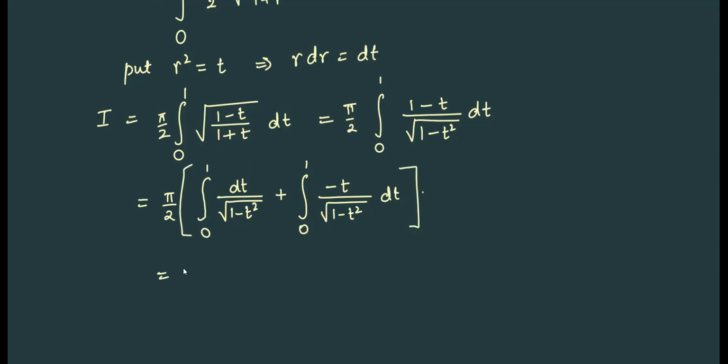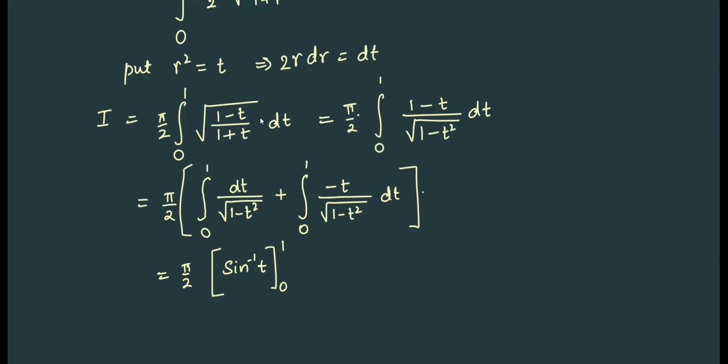The first one is sine inverse t from 0 to 1. Yes, r dr will be half dt.